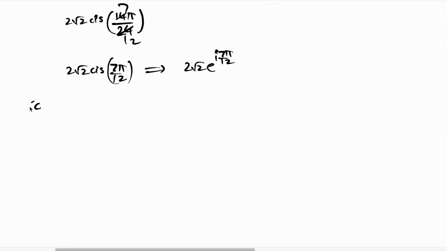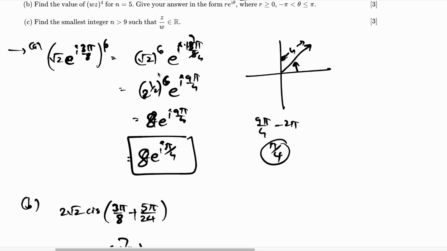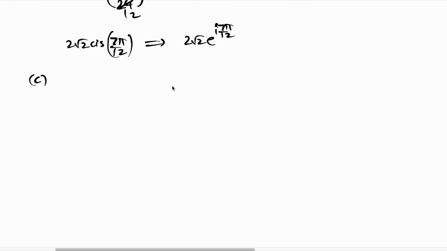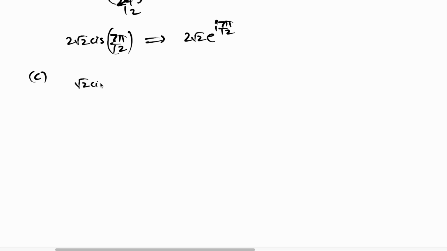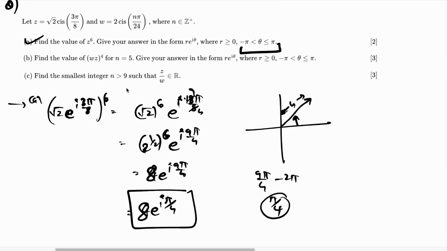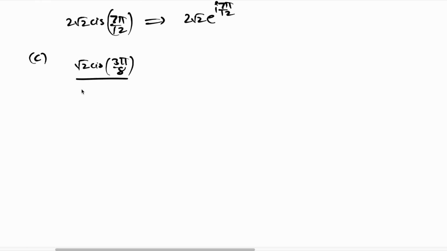Now the third part is find the smallest integer n greater than 9 such that z upon w belongs to real numbers. So z upon w, which is basically root 2 cis 3 pi over 8 and 2 cis n pi by 24. So if I divide, I'll get 1 over root 2, dividing the modulus and subtracting the arguments.